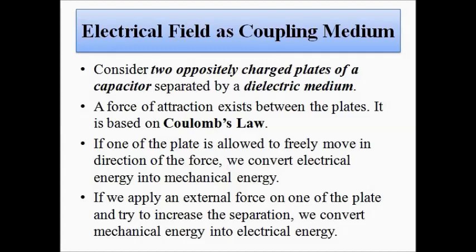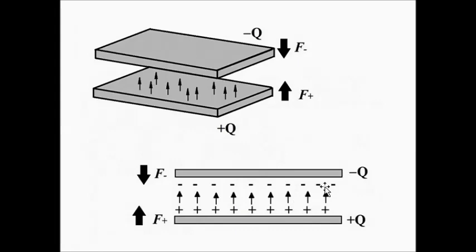Okay, so here there are opposite charges, so the plate will move towards the positive charge plate. Suppose both the charges would have been same, in that case the plate would move away, because like charges repel, opposite charges attract. So this is the first, electrical into mechanical.